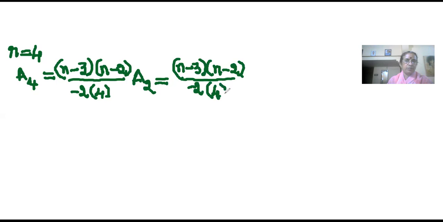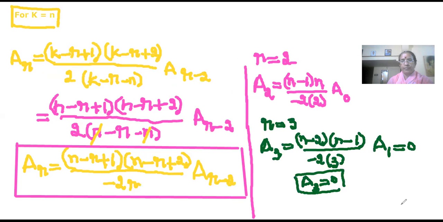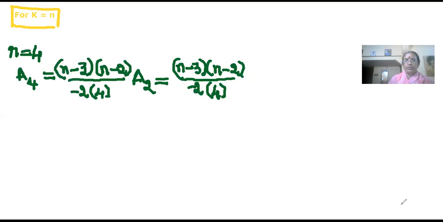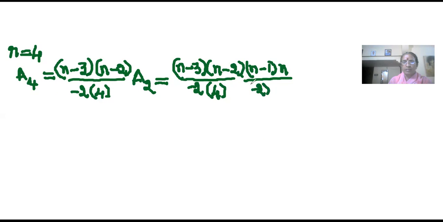A2 is given by N minus 1 into N, divided by minus 2 into 2. So we are getting some pattern. Are you observing? Minus 2 into, that is into 3 into, that becomes A0.